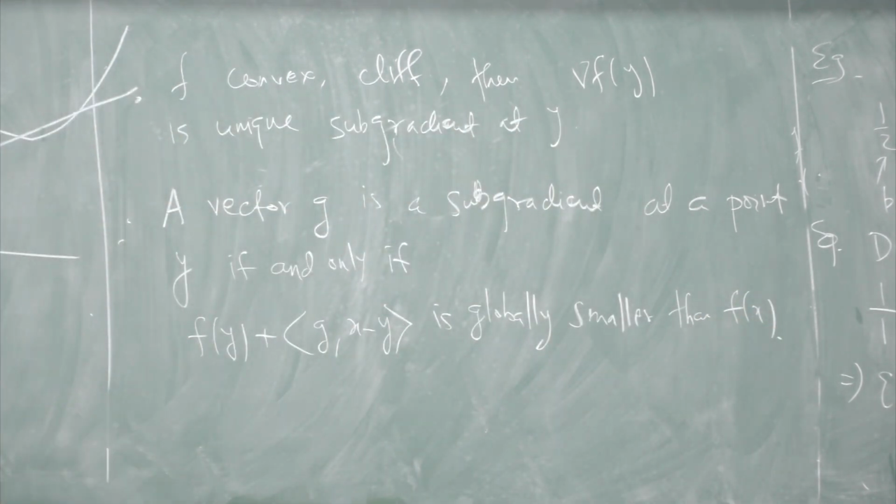In general, for a convex non-differentiable function, this is the definition of subgradient. It is globally smaller than f(x).